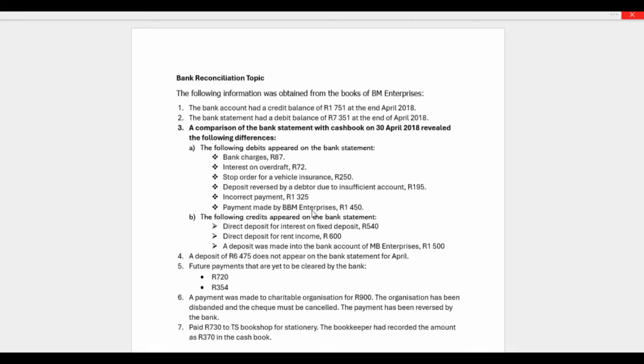It's also a mistake that the bank has done. Therefore, it needs to be corrected in the bank statement. It's when we're going to prepare the bank reconciliation statement. All right. So anything that has to be corrected in the bank statement should go to the bank reconciliation statement.